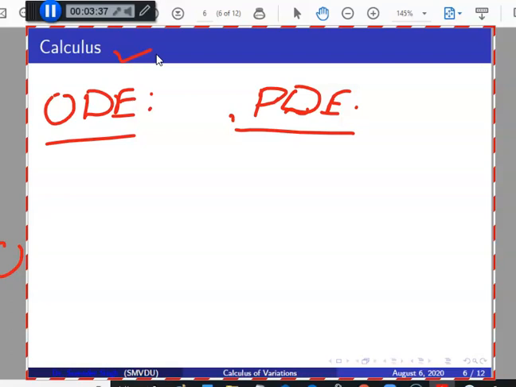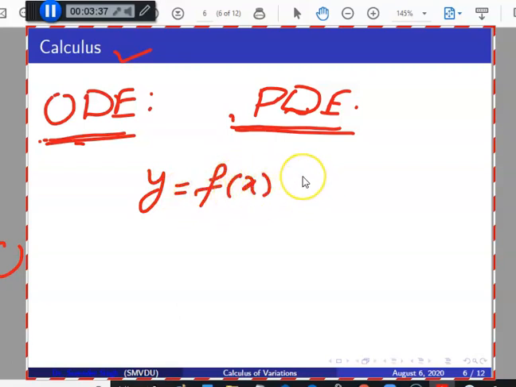Now the problem is, here we are studying a function of one variable, two variables, three variables, and maybe n variables. So here these are independent variables, and in this case this is the dependent variable.